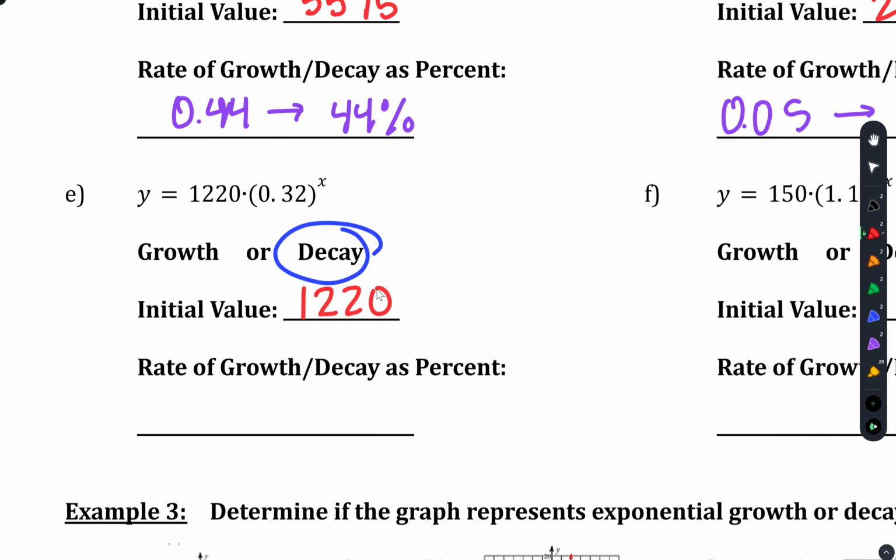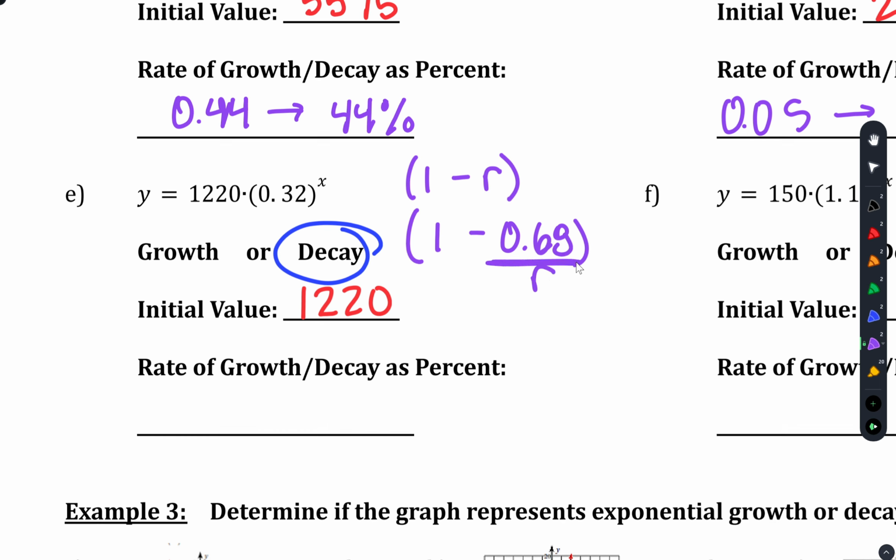I was hoping somebody would say 32%. It is not 32% because, again, we have to relate this back to the 1 minus R. If I think about what 1 minus R is, it's going to get me that B value 32. What am I actually subtracting? What is R? 0.68. So my R value is 0.68.